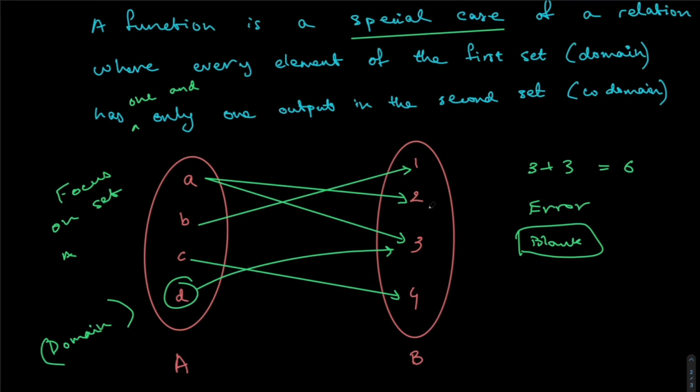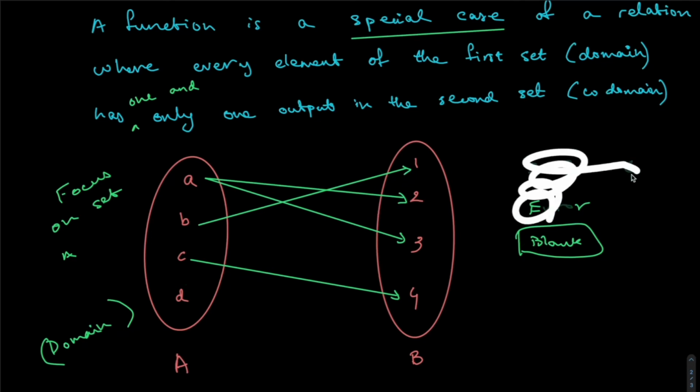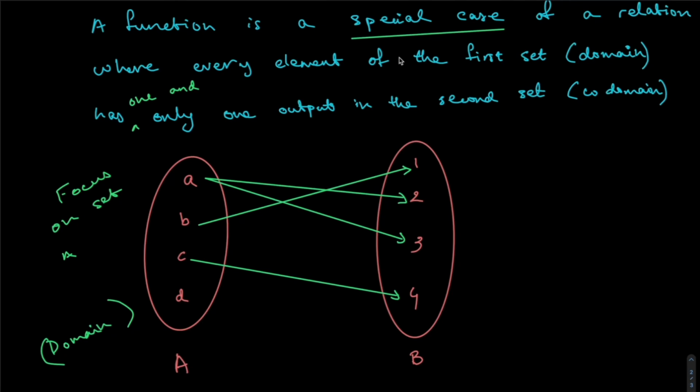So again, if you want me to list out the two conditions, I'll do it right here. The first condition is our input must have only one output, the 2 plus 2 example.